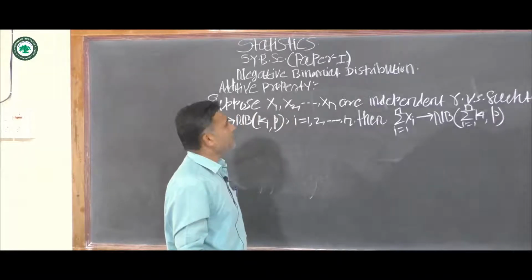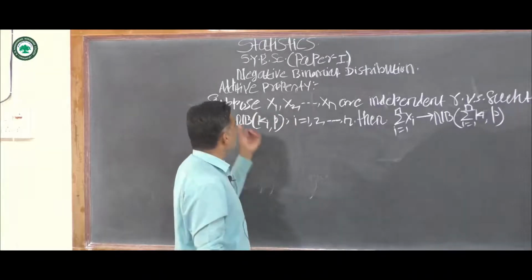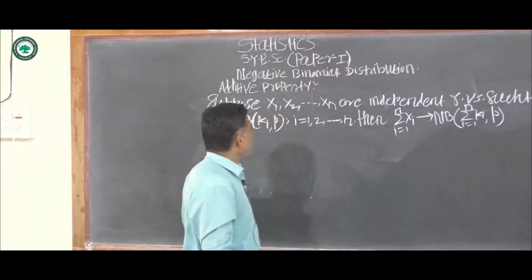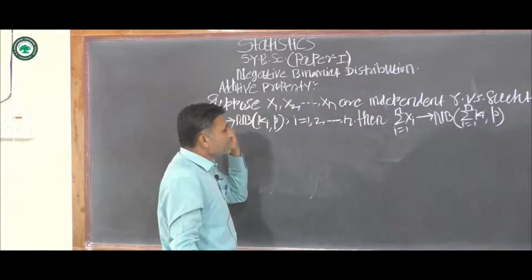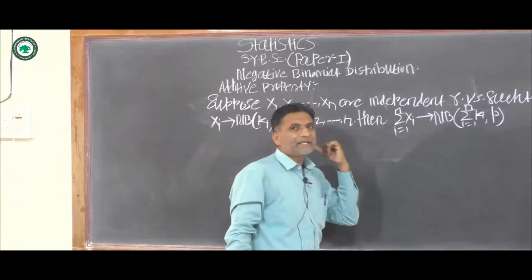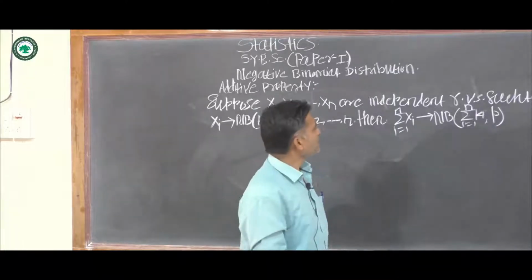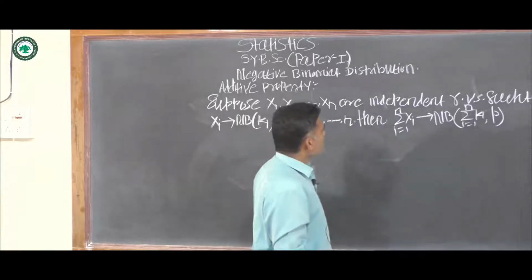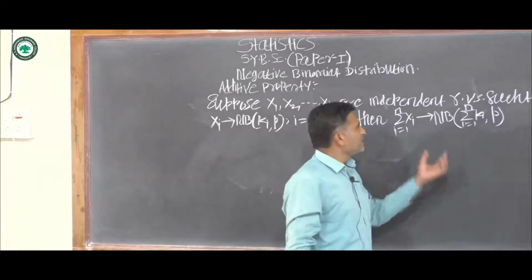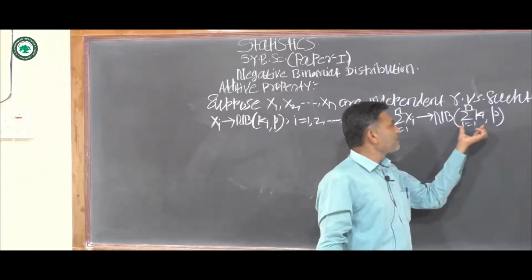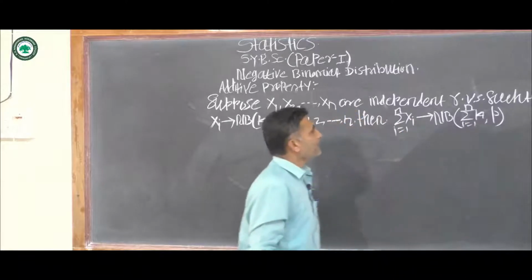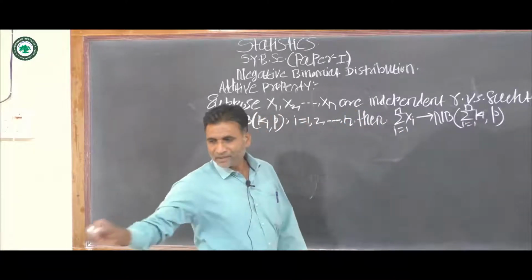It means that if we have n independent random variables, each with negative binomial distribution with parameters ki, then the sum of these n random variables again follows negative binomial distribution with parameters summation of ki and p. This is the additive property of negative binomial distribution.